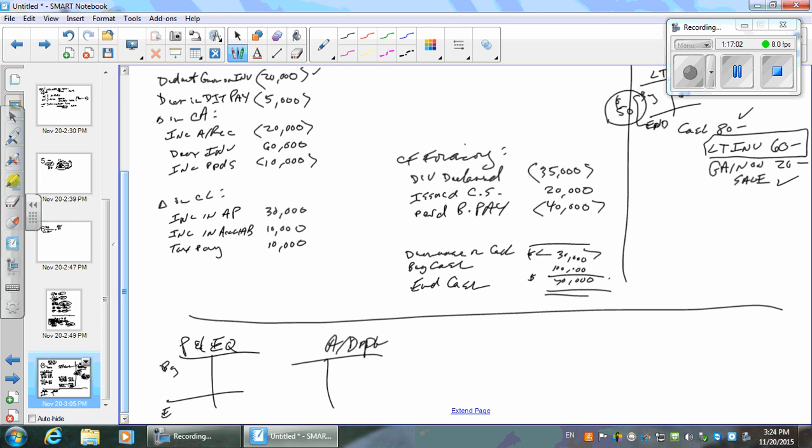Increase in plant. So I bought at least how much? 120. Could I have bought more than that? Yes, if you retired, right? Everybody good? Okay. Accumulated depreciation between the beginning and the end, what happened? Went up too, didn't it? Went up by 40?